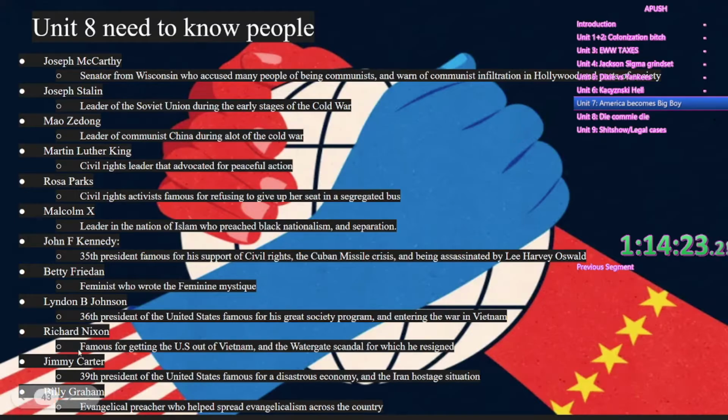Richard Nixon, he got the war out of Vietnam and resigned for his Watergate scandal. Jimmy Carter, he was famous for a disastrous economy and the Iran hostage situation. And Billy Graham, he was an evangelical preacher who spread evangelicalism across the country.